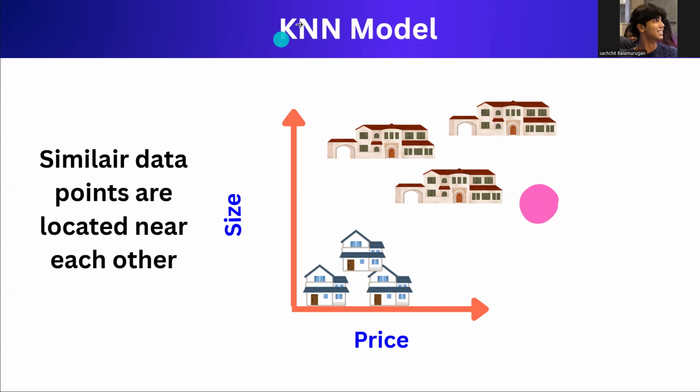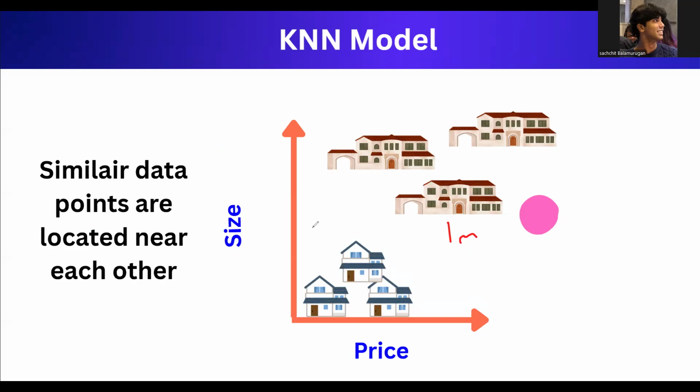Let's just pretend we have some made up values for each of these. Let's say the price of this is 1 mil. This is like 0.9 mil. This is like 1.5 mil. And then this is like 300K, say this is 500 and this is 1 mil.